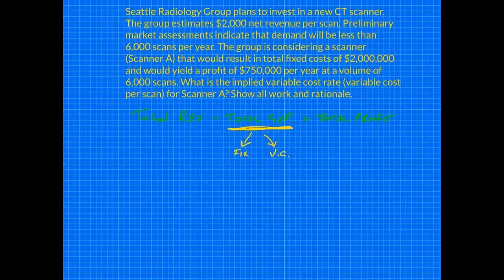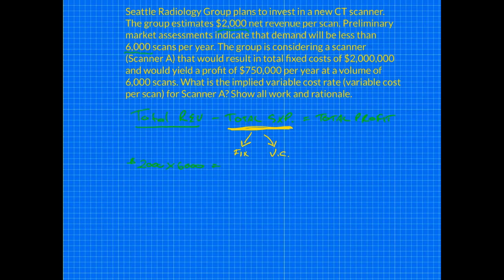So the first thing we have to figure out in building this equation is what is total revenue? Is that given here? Well, no, it's not. We know we have a revenue number per scan at $2,000, and we know the number of scans. So that helps. We're trying to build that total revenue number, so we're going to take the $2,000 and multiply it times the projected number of scans.